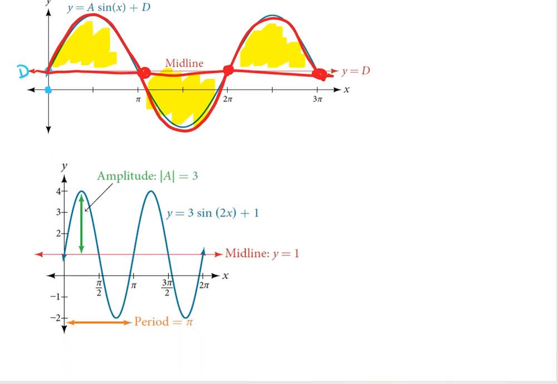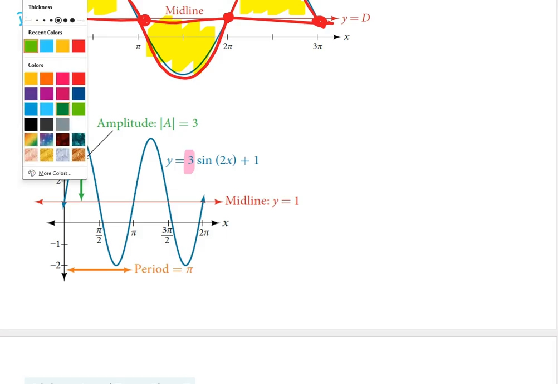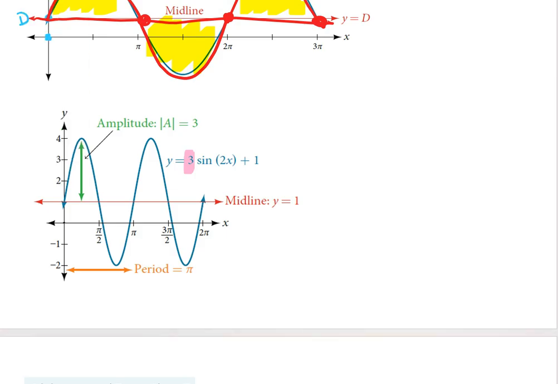Now, if the curve itself gets stretchy, then you're messing with the amplitude, and that's going to be the number in front, which you can see they've got a 3 here. So instead of the sine wave starting here and going up to 1, it would go like that.